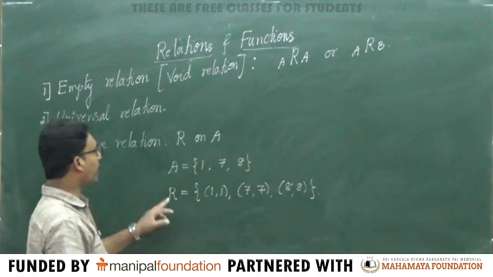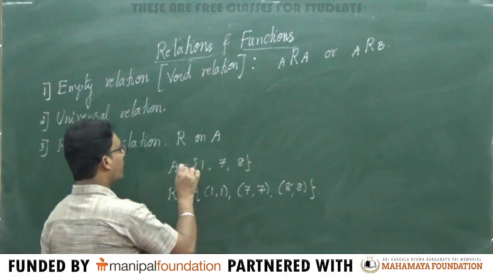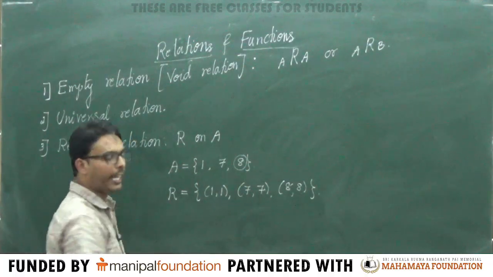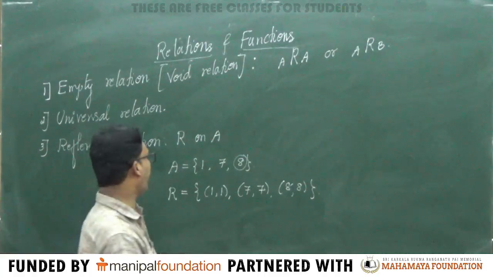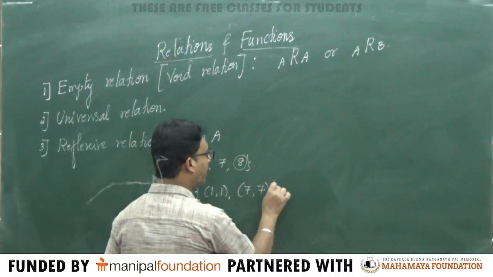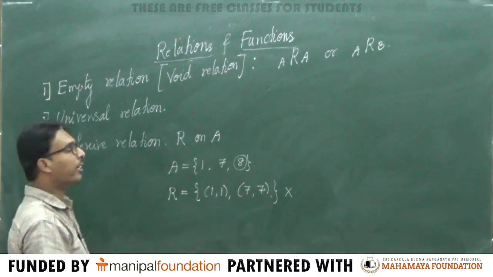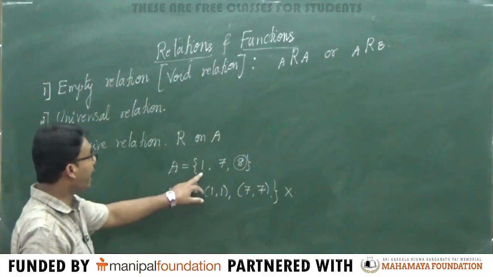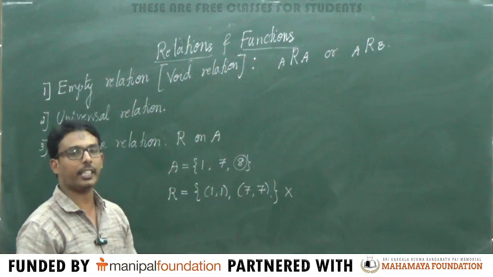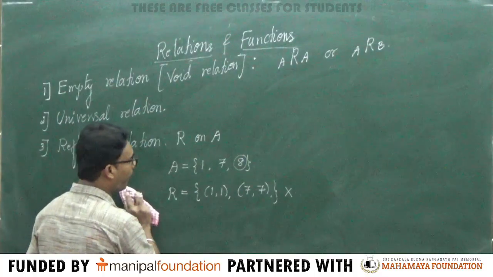Then R is a reflexive relation on the set A. Suppose the set A contains the element 8, but in the relation there is no ordered pair (8, 8). Then this relation is not a reflexive relation. So reflexive means each element of the given set is related to itself, then the relation is called a reflexive relation.